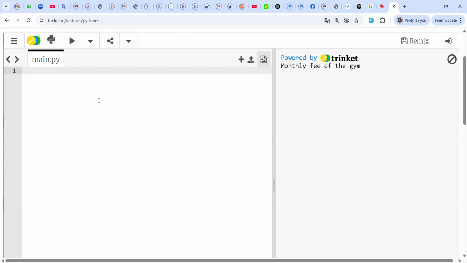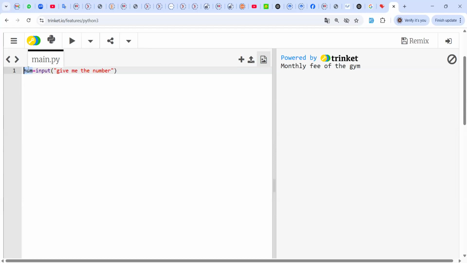Okay. First of all, we take that number from the user. We write user number is equal to input, give me the number. The number here is going to be an str, isn't it?